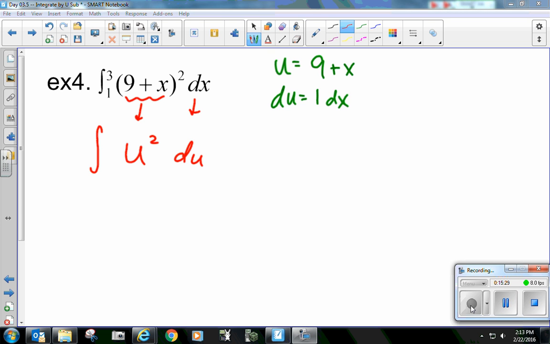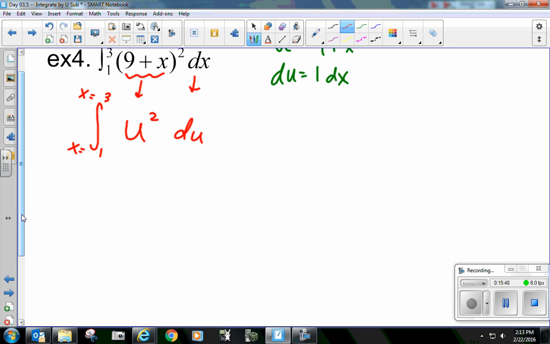Right now these are x's up here, which means if this is still 3 and this is still 1, these are x's, aren't they? We'll finish this problem using these x bounds. There's something else you can do that might be a little easier that a lot of kids tend to want to do. Let's finish it this way first. You can see both methods and choose whichever way you want.